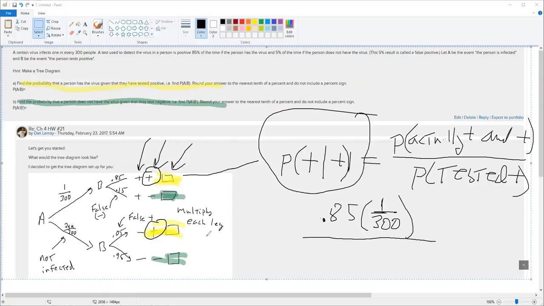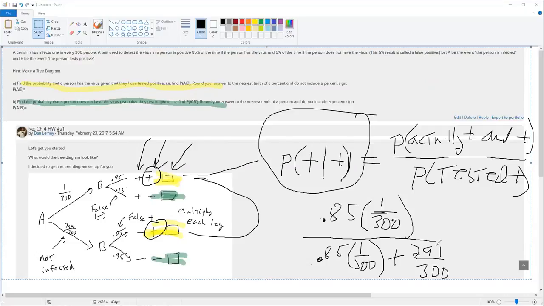Well, that's the sum of these two probabilities. So it's going to be the sum of 0.85 times 1 over 300, plus the probability that they tested positive and are actually negative. That was 299 over 300 times 0.05.